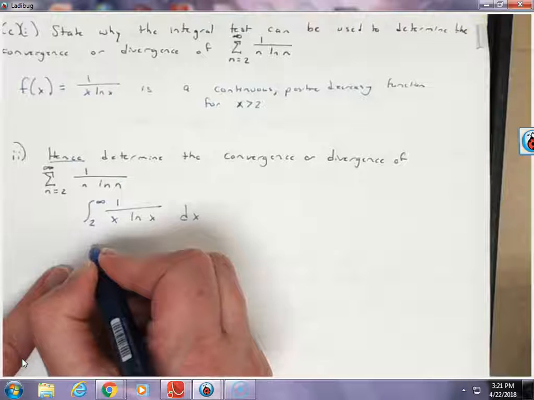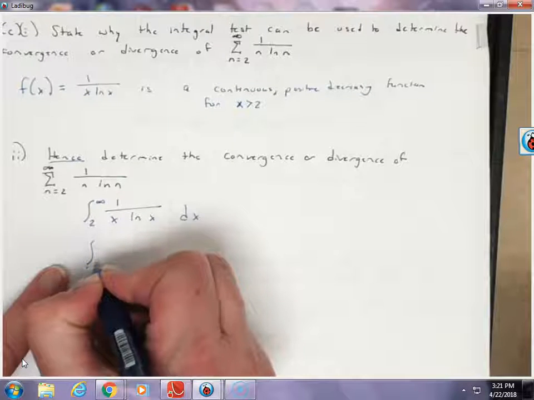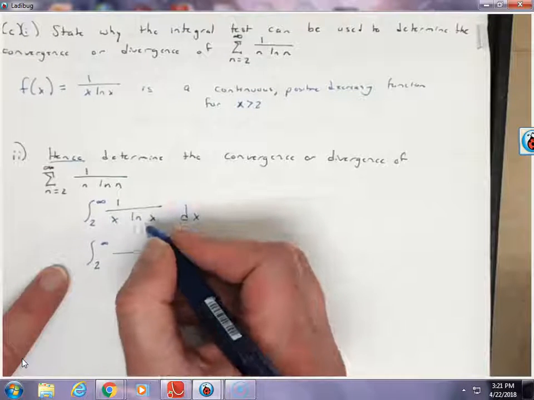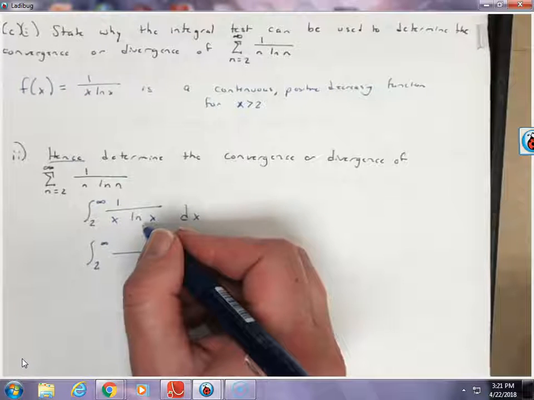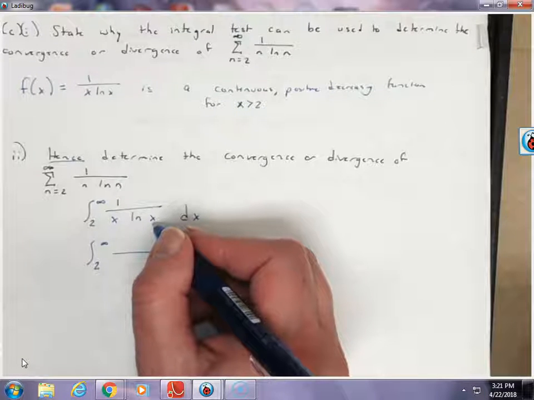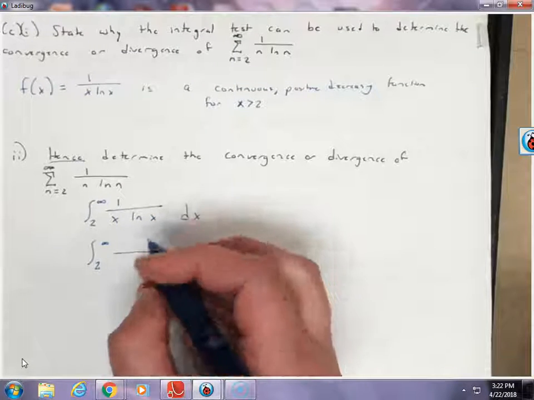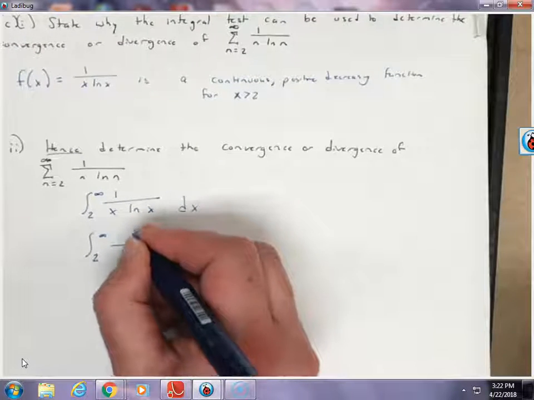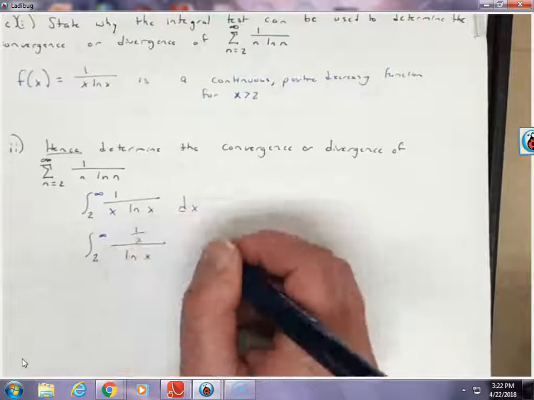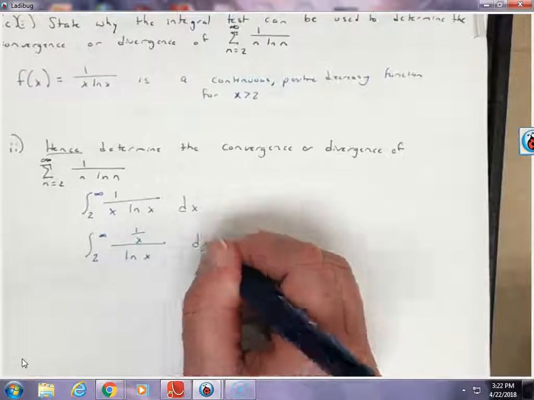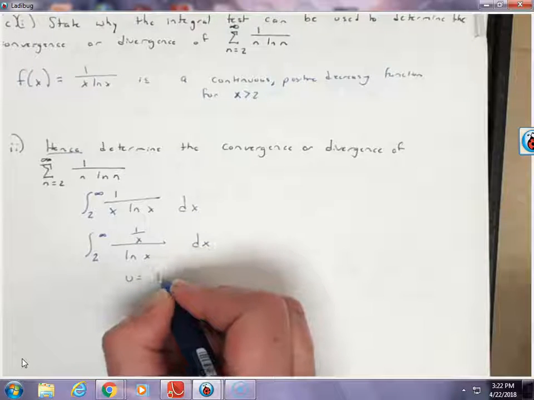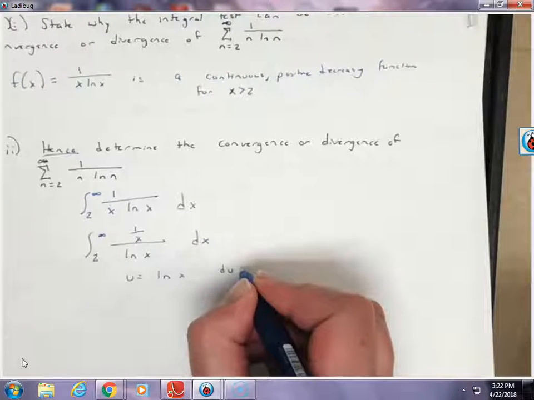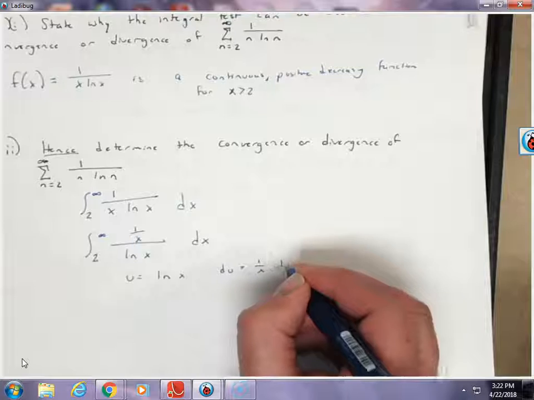So when we look at this, it's got a little bit of a twist to it, because if u is ln of x, then our du would be 1 over x, and that's fine. But you really want to write it like 1 over x is in the numerator. So u is ln of x, and your du is 1 over x.